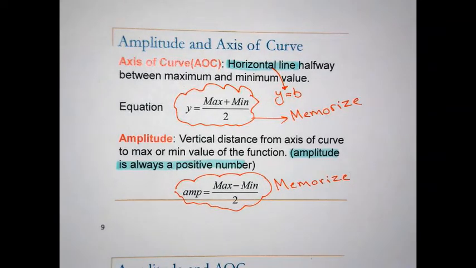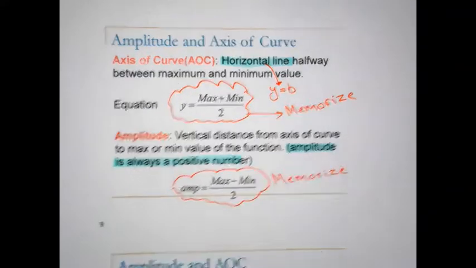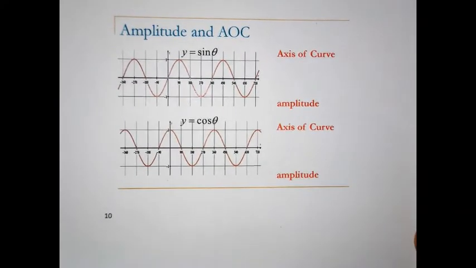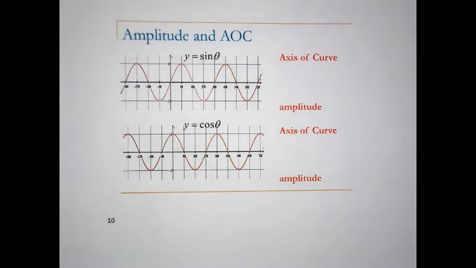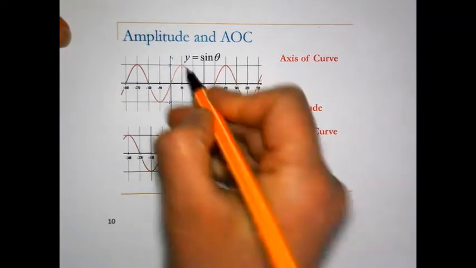Now we are going to look back into our sine and cosine functions and find the axis of curve as well as the amplitude. Now, y equals sine theta.